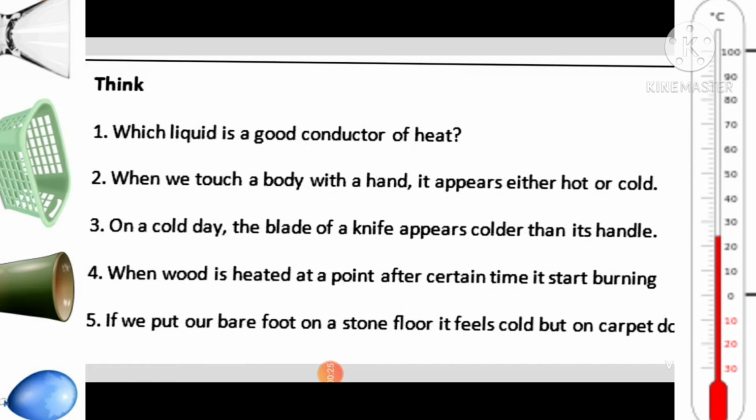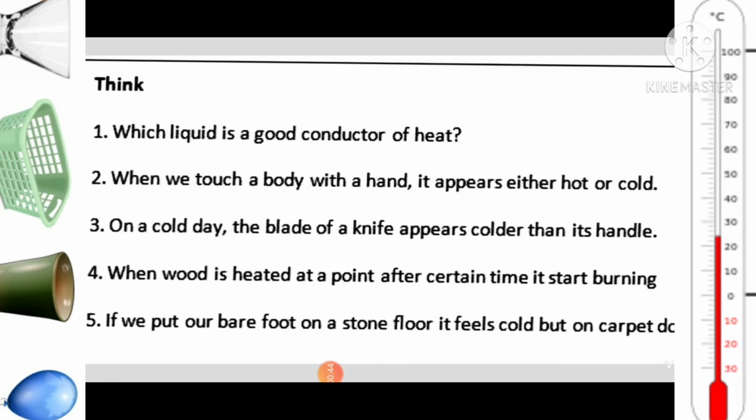When we touch a body with a hand, it appears either hot or cold. Why? On a cold day, the blade of a knife appears colder than its handle. Why? When wood is heated at a point, after a certain time, it starts burning. Why?